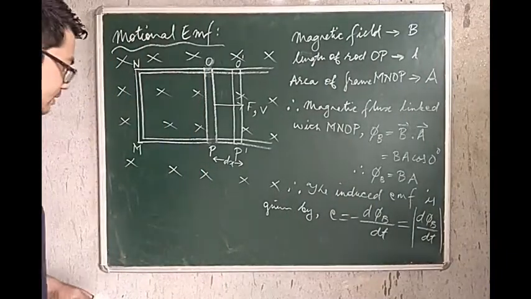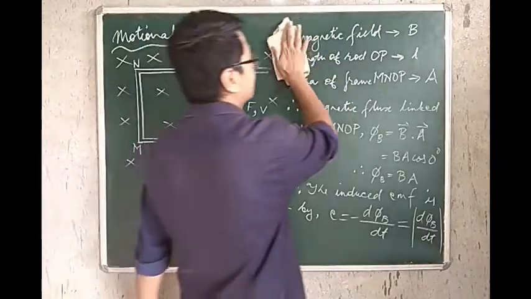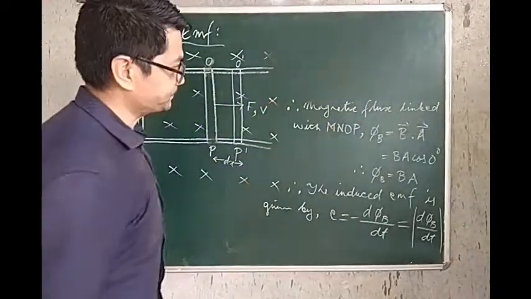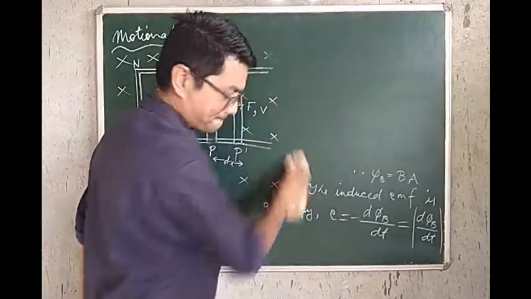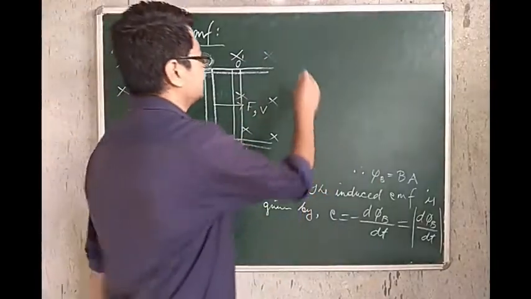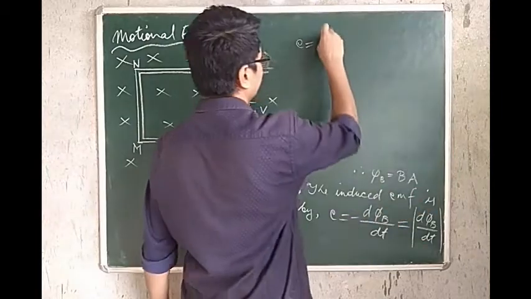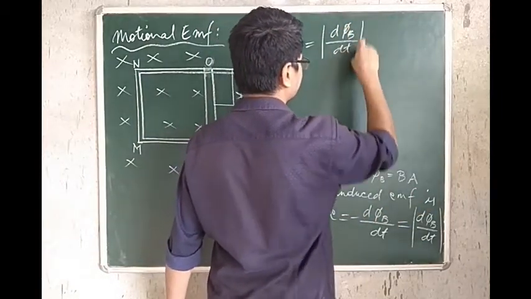Shall I erase this part? I can hear you all saying yes. Okay, so E is modulus of d phi B by dt. I'm rewriting it again.